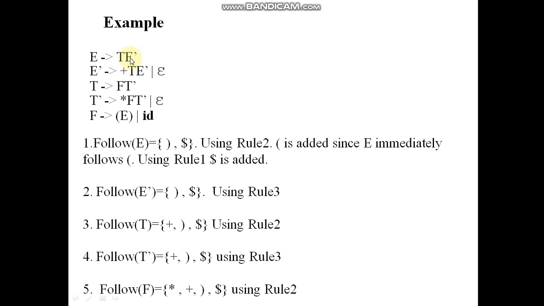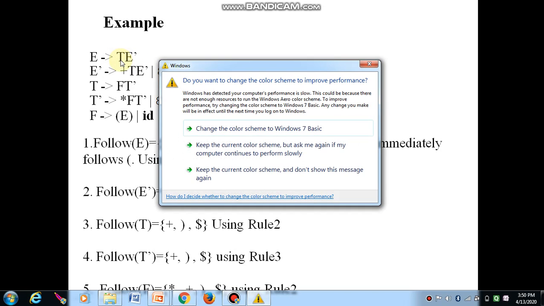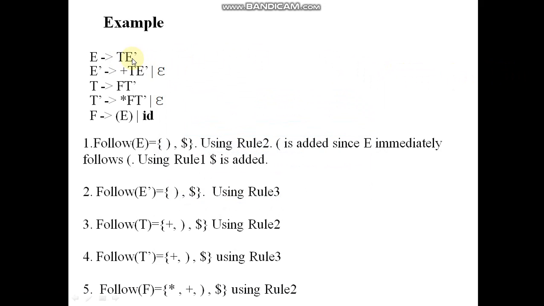According to rule number 2, everything in first of beta, here beta means E dash, after this T which is nothing but the capital B, therefore everything in first of E dash should be added into the follow of T. We know the first of E dash is plus and epsilon, but except epsilon, everything in first of E dash should be added into the follow of T. So plus is only added into the follow of T, because first of E dash is plus and epsilon, and except epsilon means only plus is added.